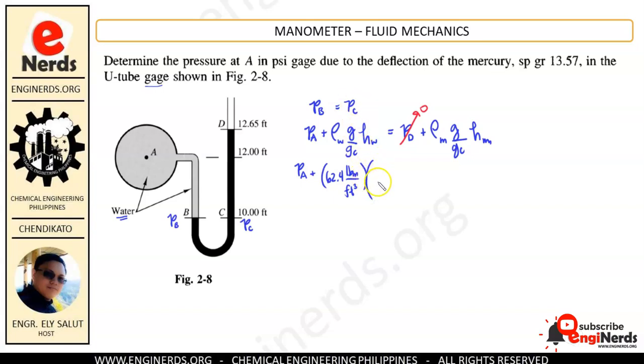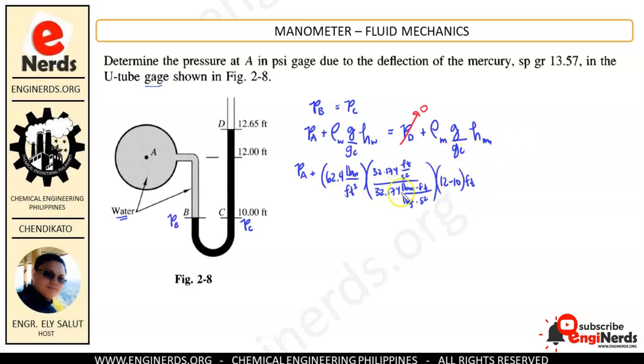So, our G is equal to 32.174 feet per second squared over 32.174 pound mass feet over pound force second squared. And then, ang ating height from point A to point B, ano yung height natin? We have 12 feet minus 10 feet, no? So, 12 minus 10, and this is in foot, okay?